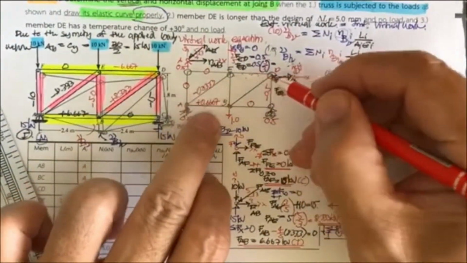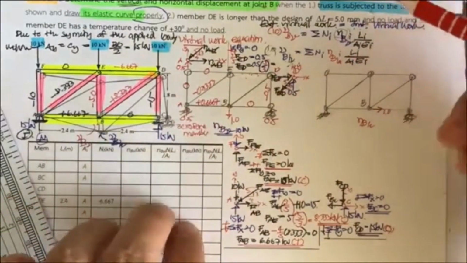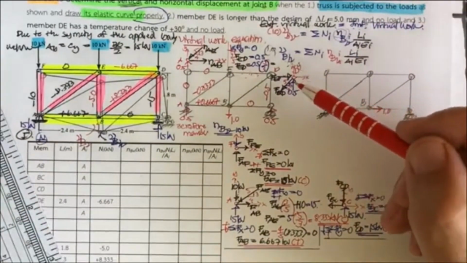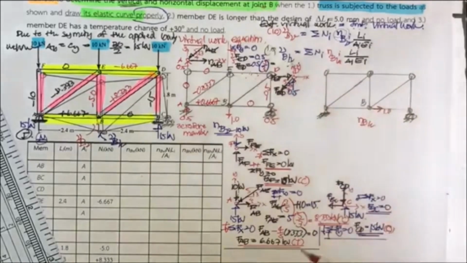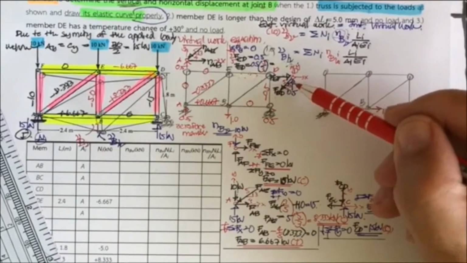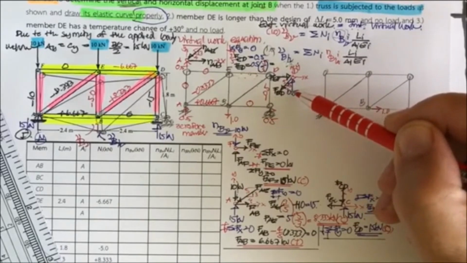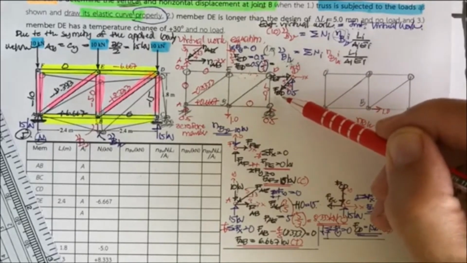This one, F sub ED times 3 over 5 is downward, equal to 0.5. No, this is BD, not ED. I'm sorry.